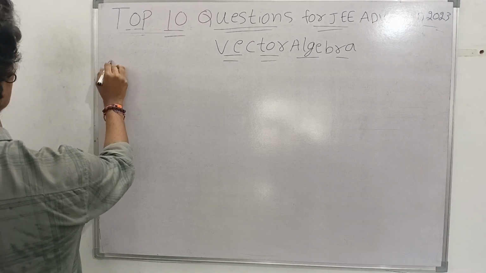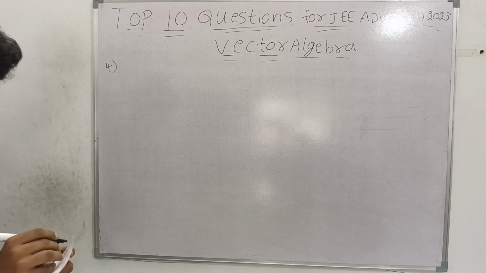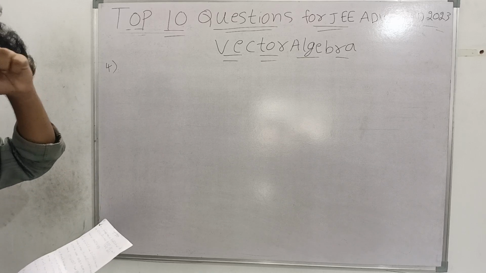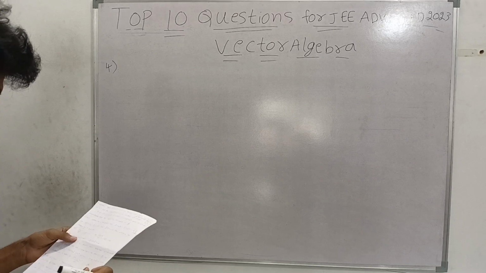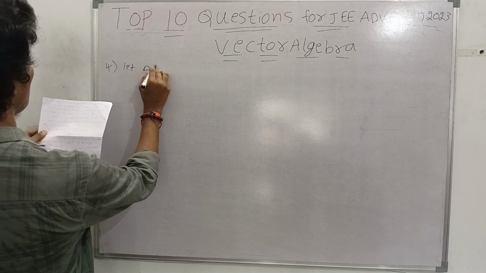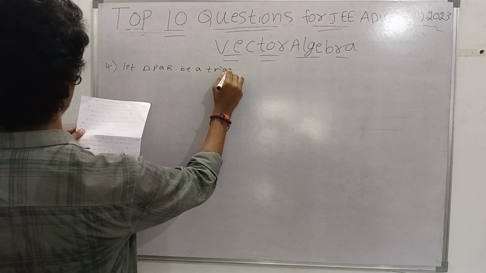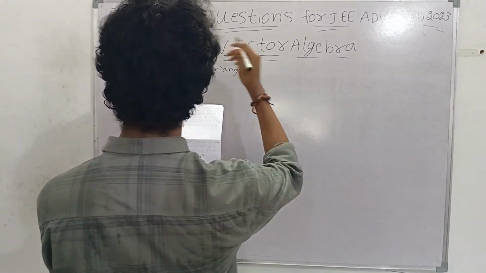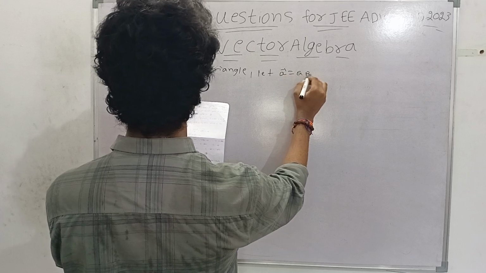Now fourth question. Let PQR be a triangle, and let A vector equal to QR vector.